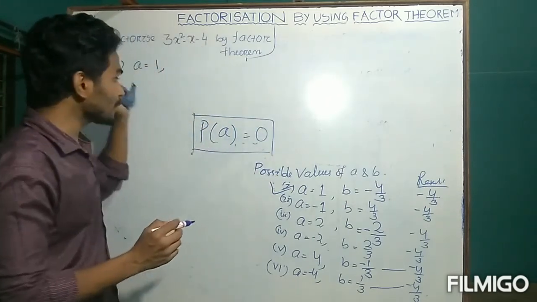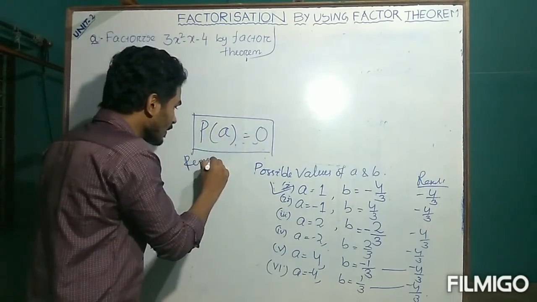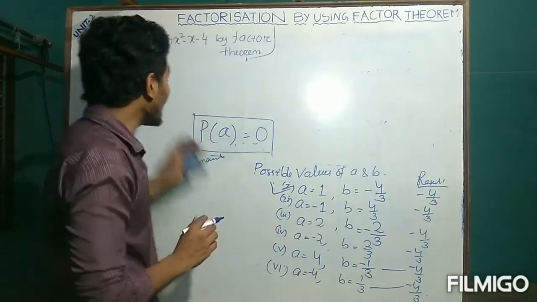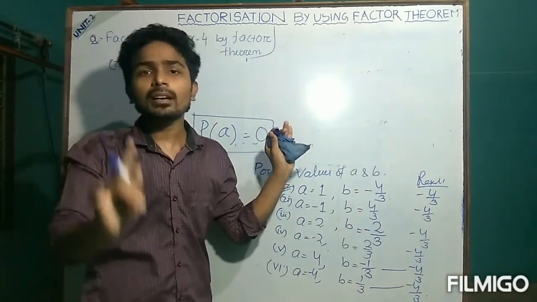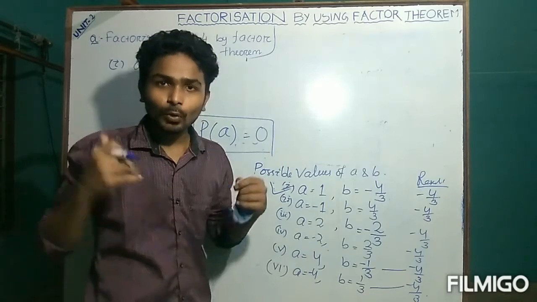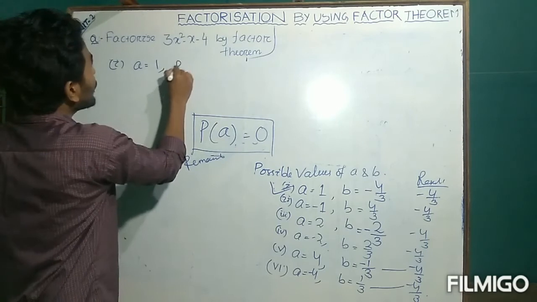If this is the 0, it should give the remainder p of a equal to 0. If it gives this result, then yes, a is equal to 1 is the 0 of the polynomial. If it doesn't, then no, it is not a 0 of the polynomial. Let's find out p of a.